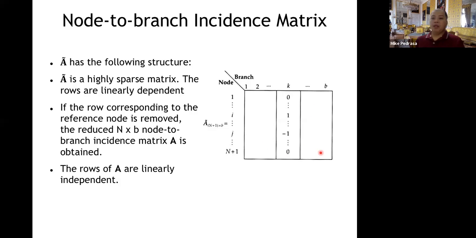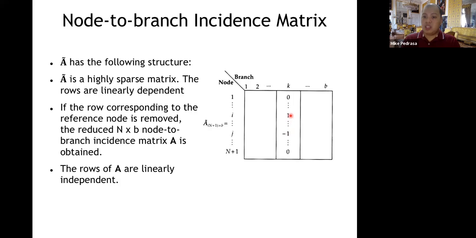Now, if we look at a particular column, say column K, which corresponds to branch K, we see that a branch is only connected to 2 nodes. You cannot have a branch connected to 3 nodes. That's no longer a branch. A branch only has 2 ends, and on each end you have a node. So for this column, all the elements will be 0, except for 2.